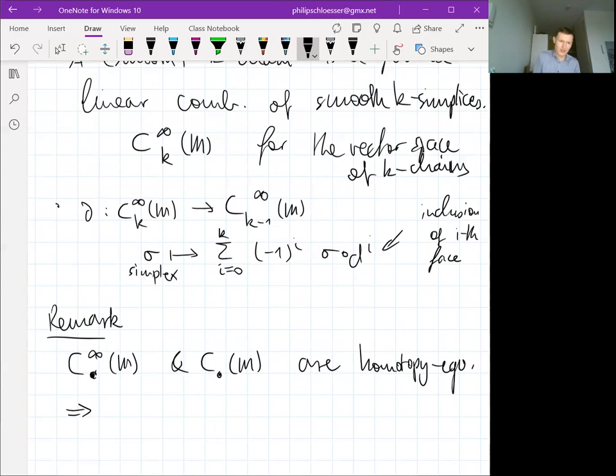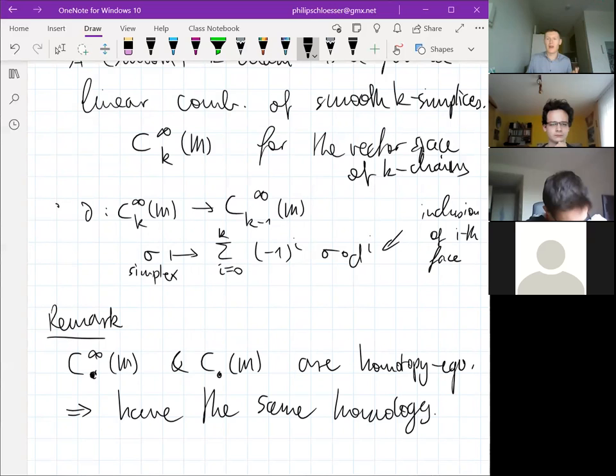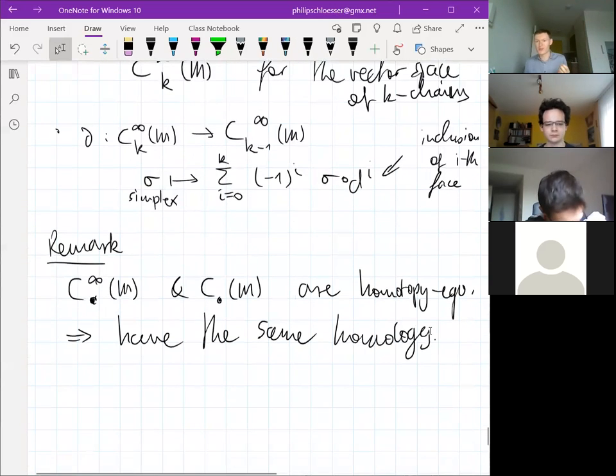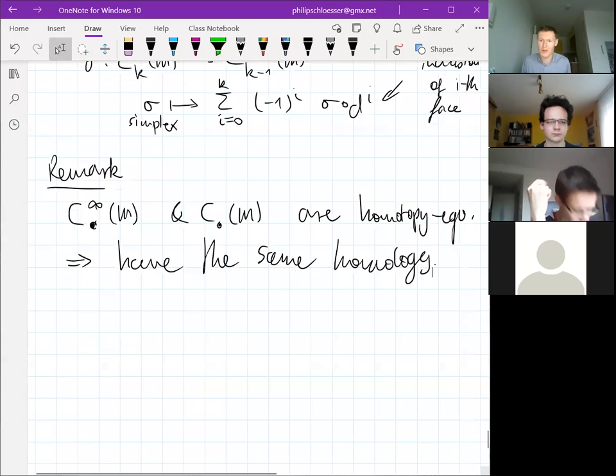So they in particular have the same homology. Or in other words, when we have an element of some singular homology group, we can, without loss of generality, assume it to be a smooth chain, or we can assume it to be smooth.